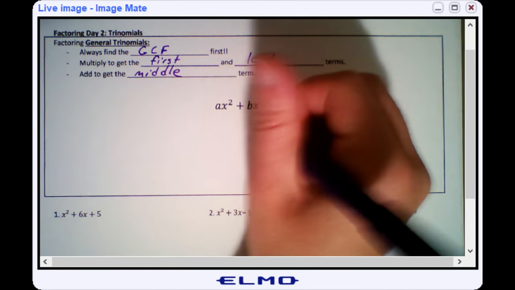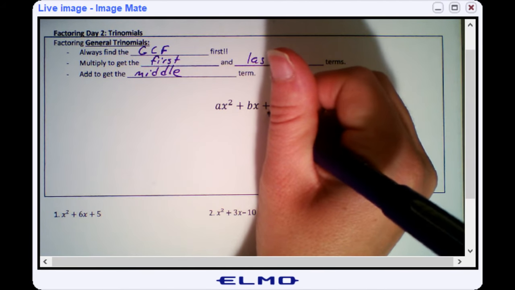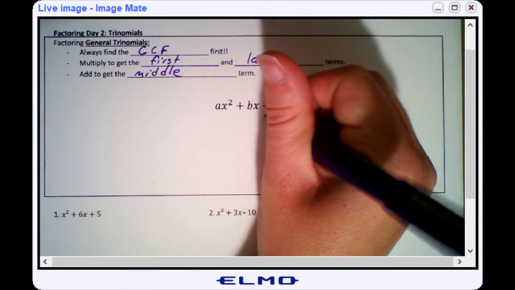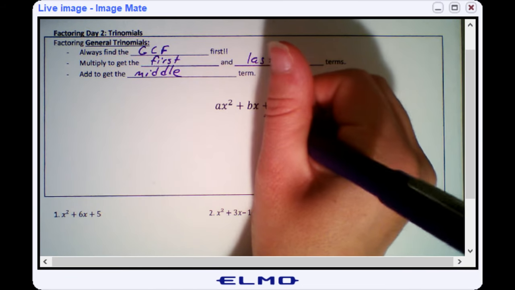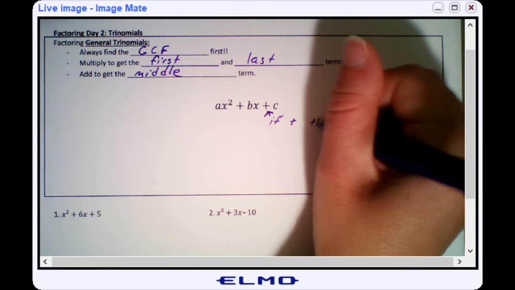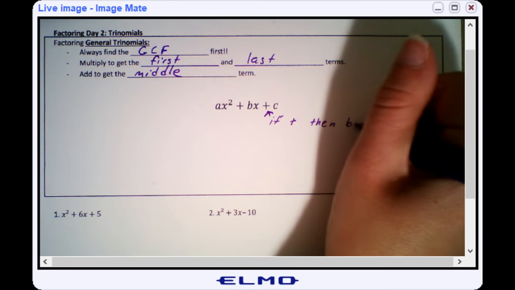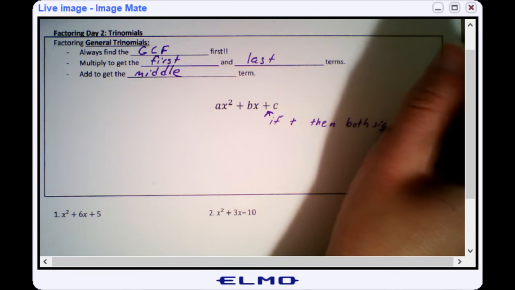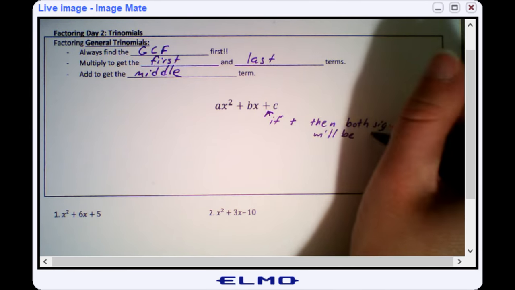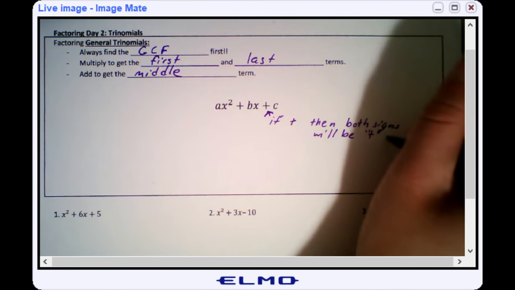Now this sign here is super important in the back. It tells us what our signs will be inside the parentheses. So if this sign is positive, then both signs will be positive or both negative.